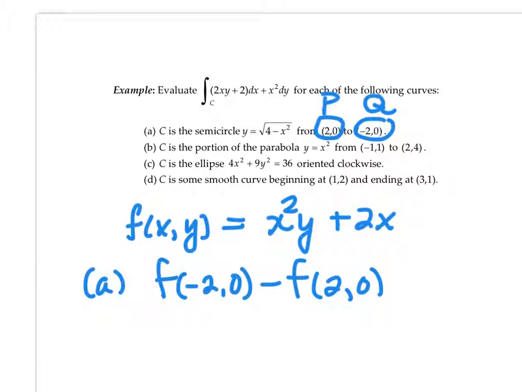Well, f of (negative 2, 0), look at the y-coordinate, you'll notice it's 0, so that's going to be 0 plus negative 4, minus f of (2, 0). Again, the y-coordinate is 0, so the first term is going to be 0. And the second term is going to be 2 times 2, which is 4.